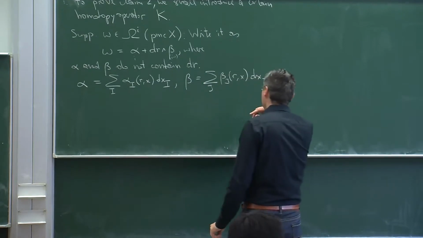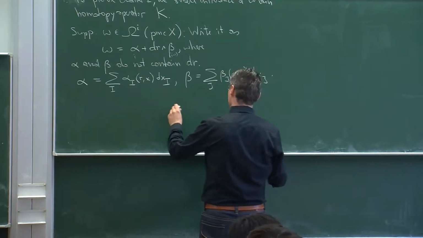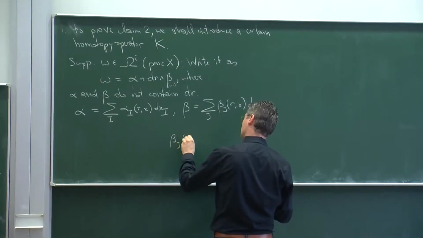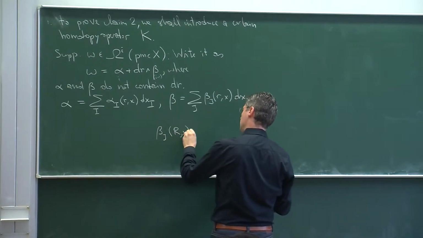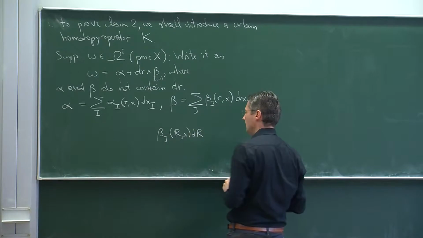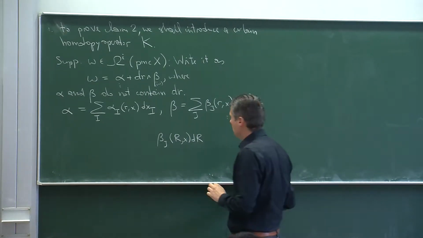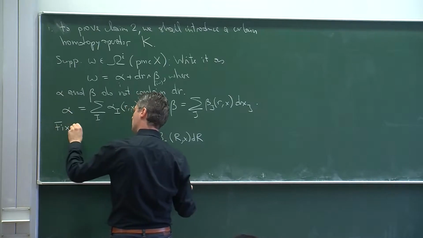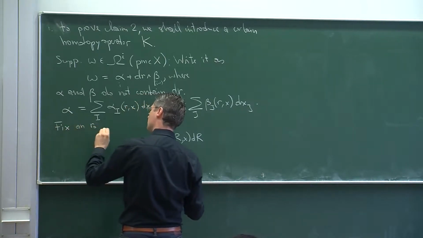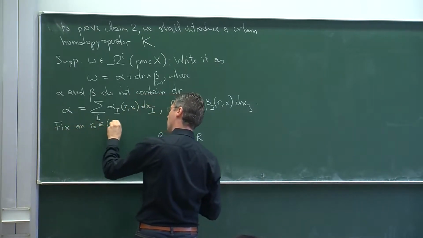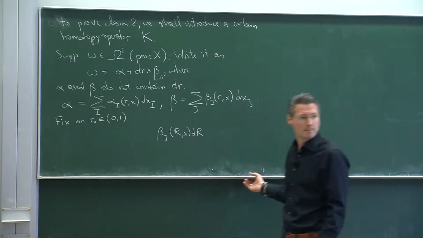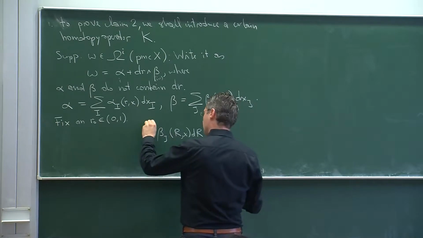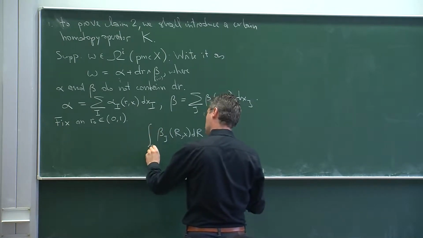Then to define K, you integrate the beta_J's. So you integrate these dr. So where do you integrate? Before we do that, we fix an r_0 in the open interval (0,1). Somewhere, it doesn't matter where. Now once we fixed it, I integrate from r_0 to r.